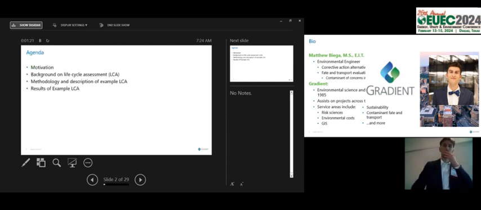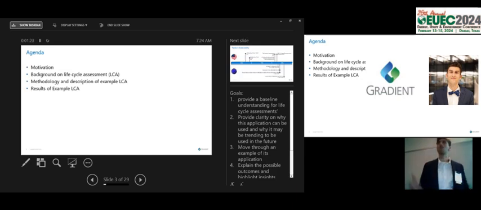All right. So just to intro you to what I'll be talking about, just a background on the trend we're seeing in sustainability and the growth and prevalence of life cycle assessments and approaches like these.